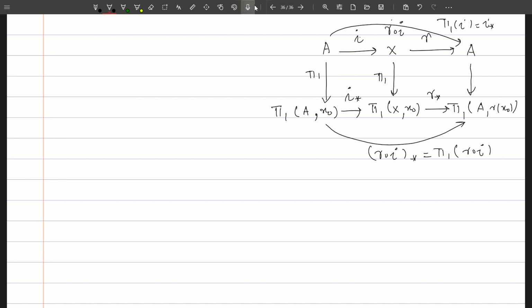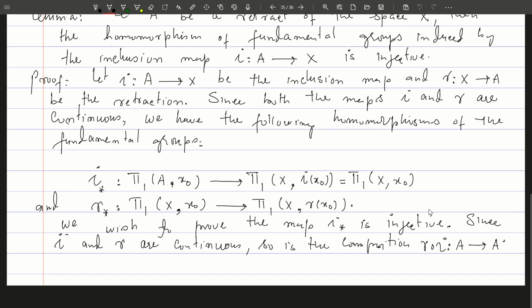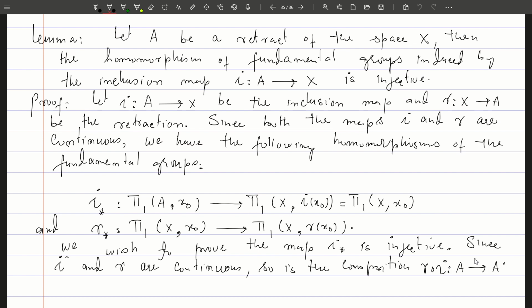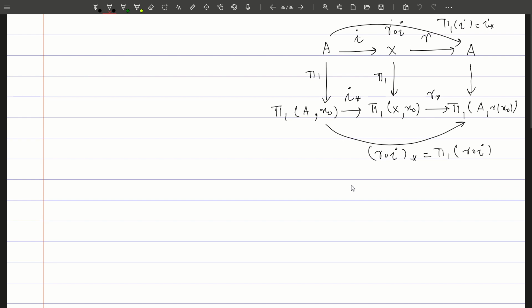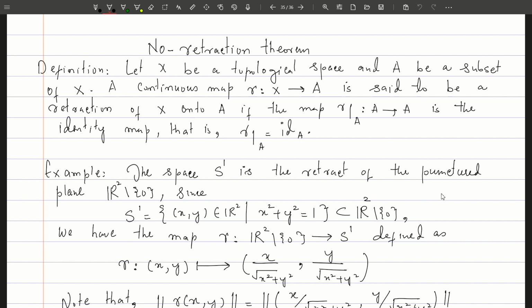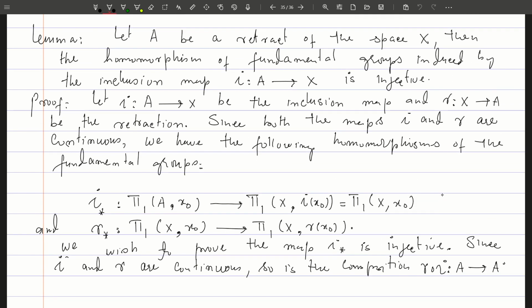So R composite I from A to A is actually continuous, but it is not just continuous, it is actually more than that. It is the identity map.